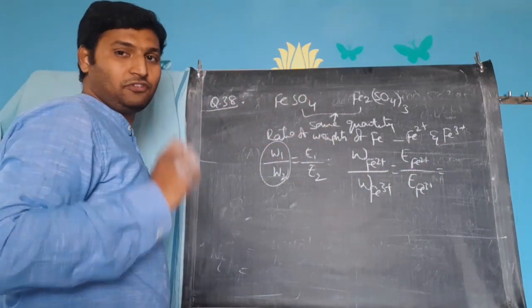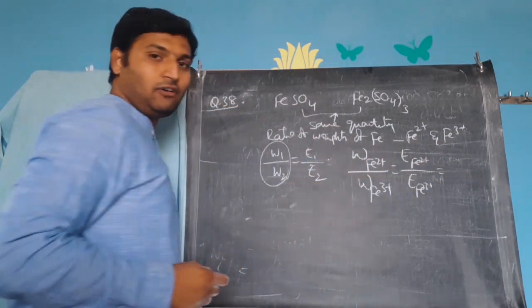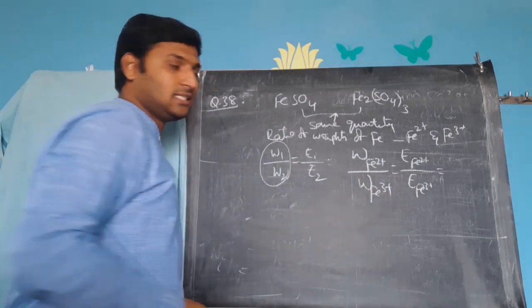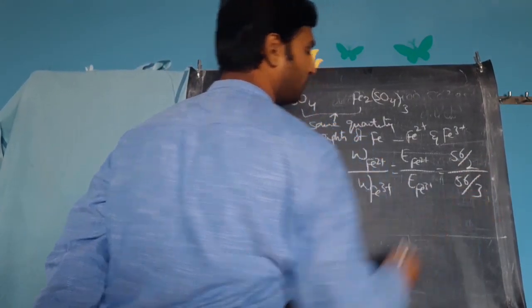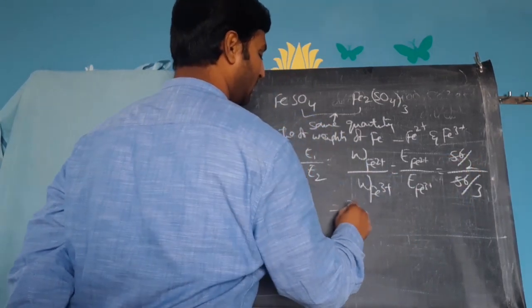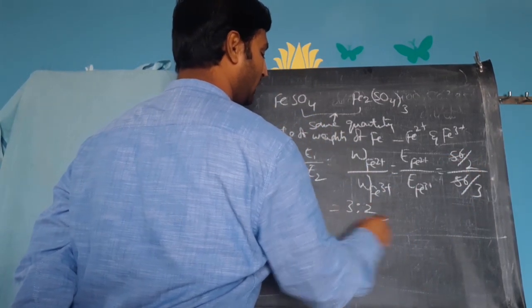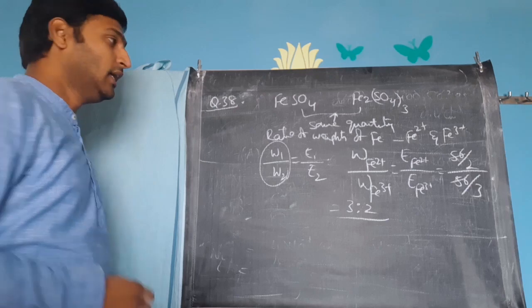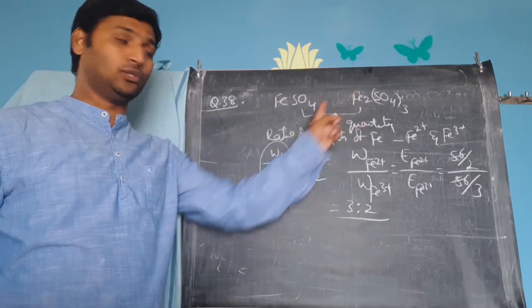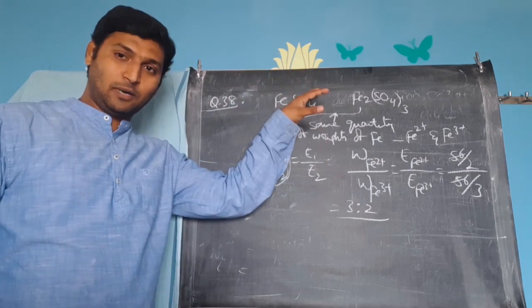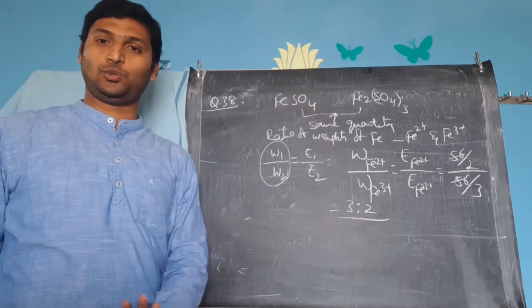Atomic mass of iron is 56. Valency of ferrous is 2. Valency of ferric is 3. So 56 by 2 over 56 by 3. Simplify, the ratio will be 3:2. So the ratio of weights of iron deposited at the ferrous and ferric solutions, when the same quantity of electricity is passed through them, will be 3:2.